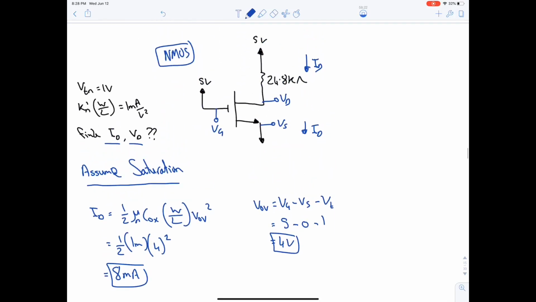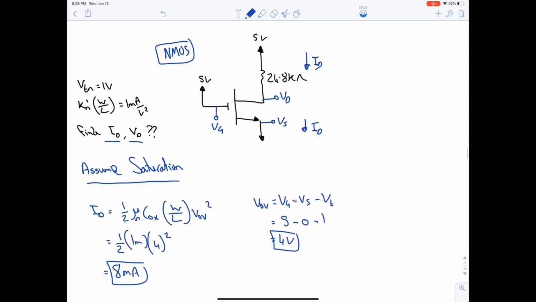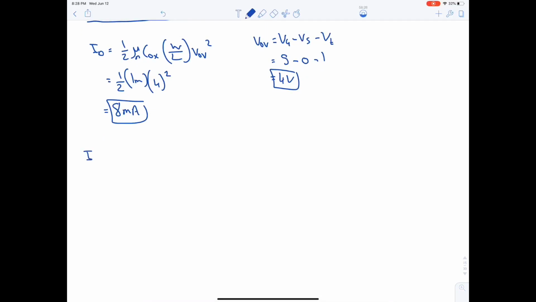So it's Ohm's law. ID is equal to 5 minus VD over 24.8 K. So 8 milli is equal to 5 minus VD over 24.8 K.